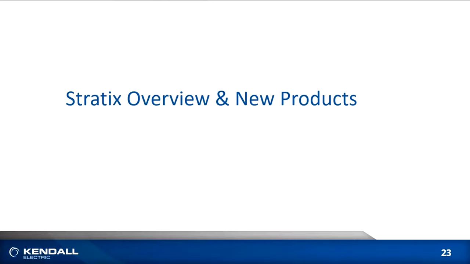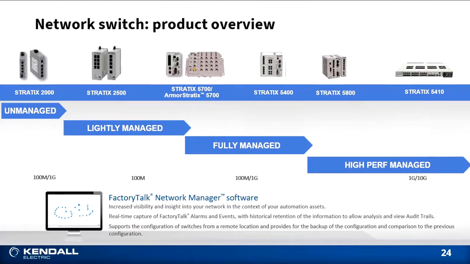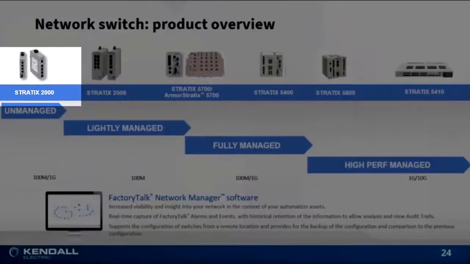So now let's talk a little bit about some of the new products that we've come out with, and a real quick overview of some of our Stratix switching. This is a good diagram showing, from left to right, from an unmanaged all the way up to our high performance managed switches. If you look to the left, we have the Stratix 2000, which is an unmanaged switch.